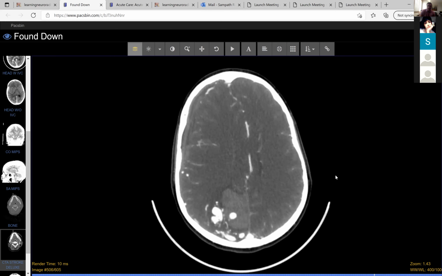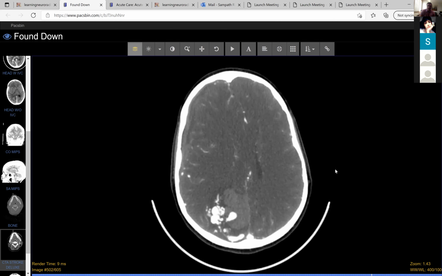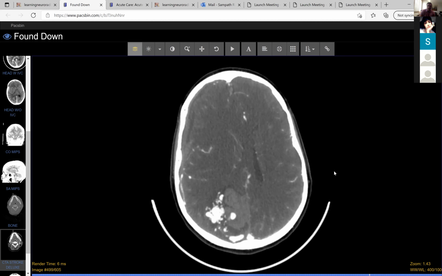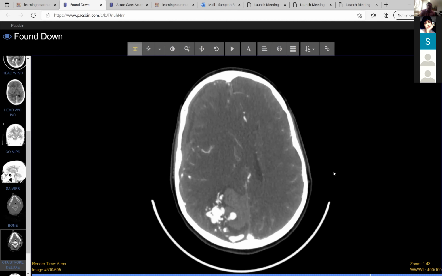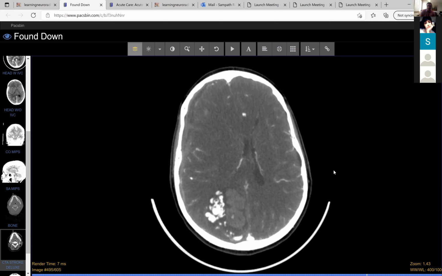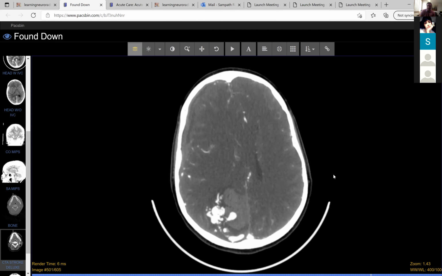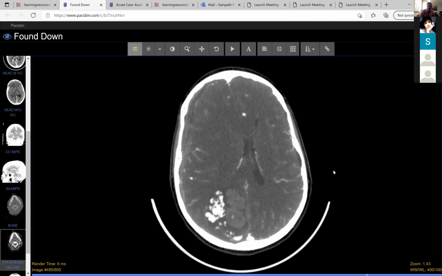But a significant size AVM will be harder to treat, and he will have a lot of long-term consequences from this bleed, in terms of chronic deficits. So this is a pretty good case of an AVM.